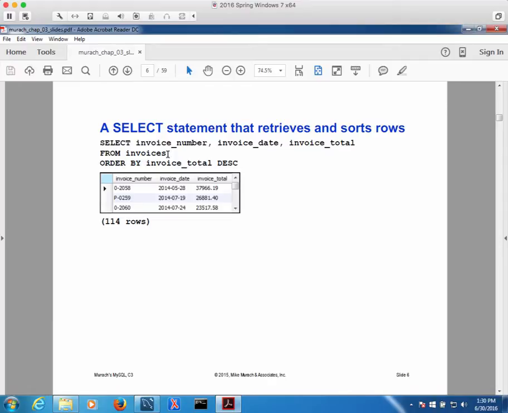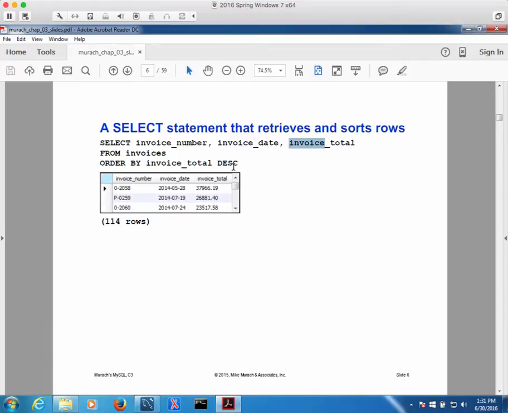And the order by is important. Now, in this case, we are naming one of the columns that is in our column list, in the select clause. And we're saying that we want to order by that, and the default, when you have an order by clause, is that you want to sort the rows in ascending order.